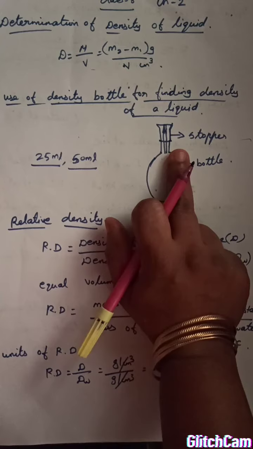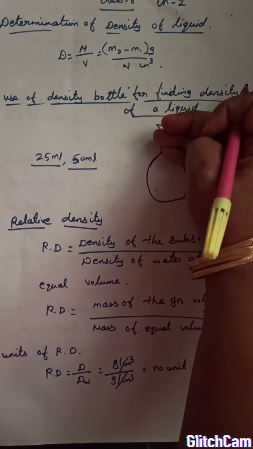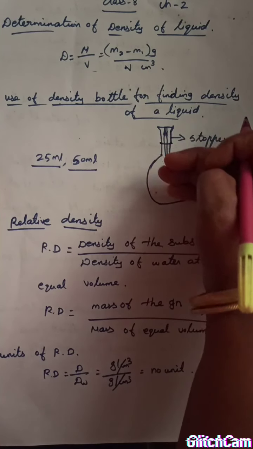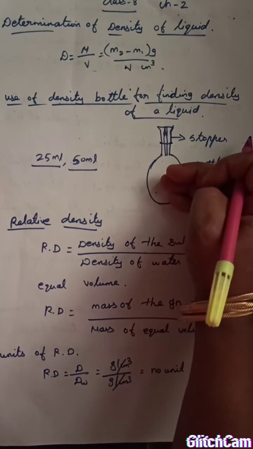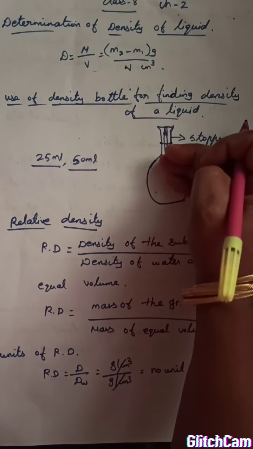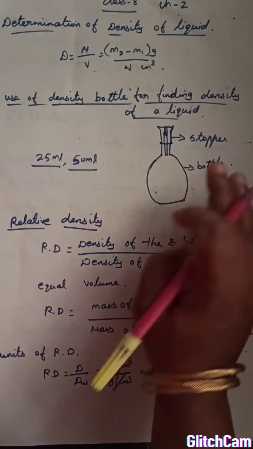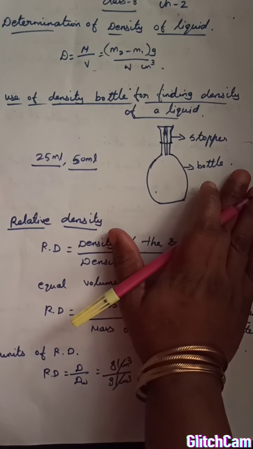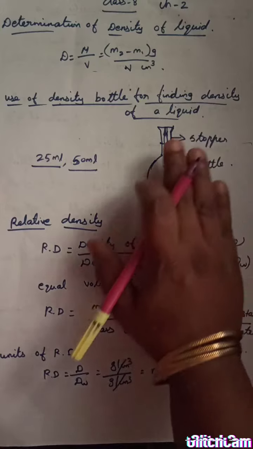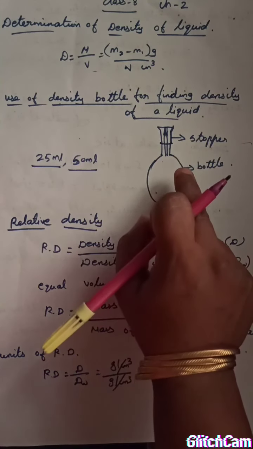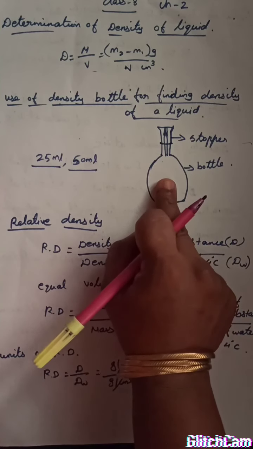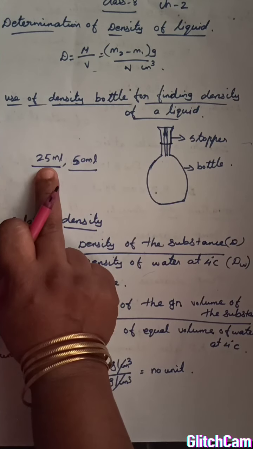After filling the liquid, just insert the stopper into the neck. If you have any excess amount of liquid, it rises through the narrow hole and drains out. After it has drained out, if your density bottle is filled, then the volume of the liquid is equal to the capacity of the density bottle.